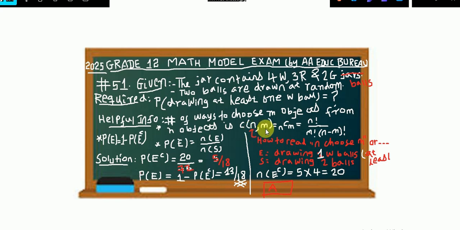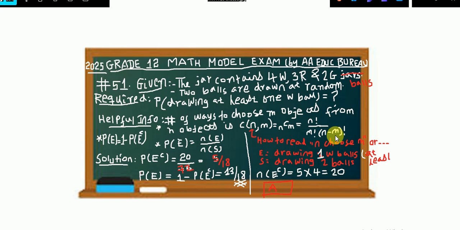It's denoted by the symbol, and we read this as the combination of n objects taken m at a time. The number of ways in which we can select m objects from n objects is n factorial divided by m factorial times (n minus m) factorial, so not minus times their difference.